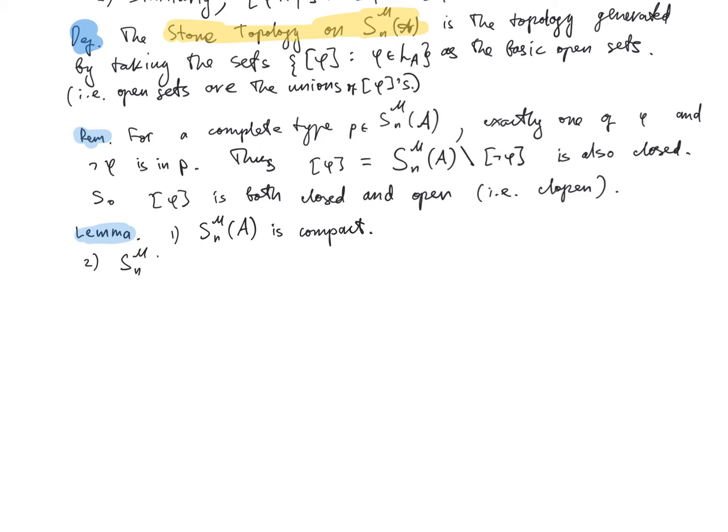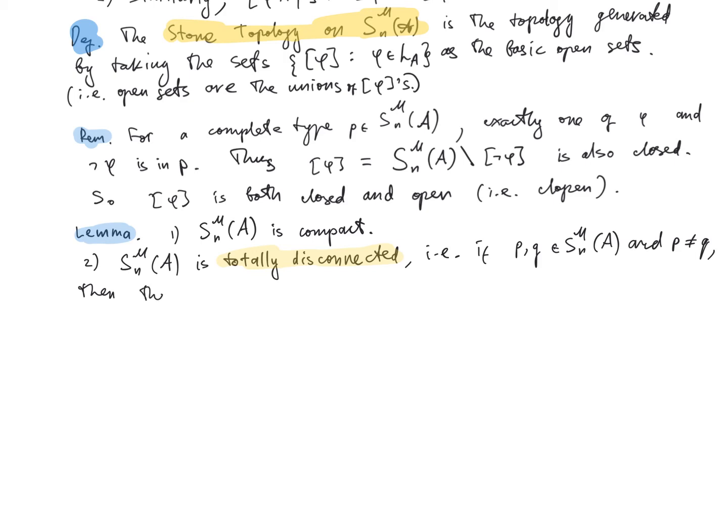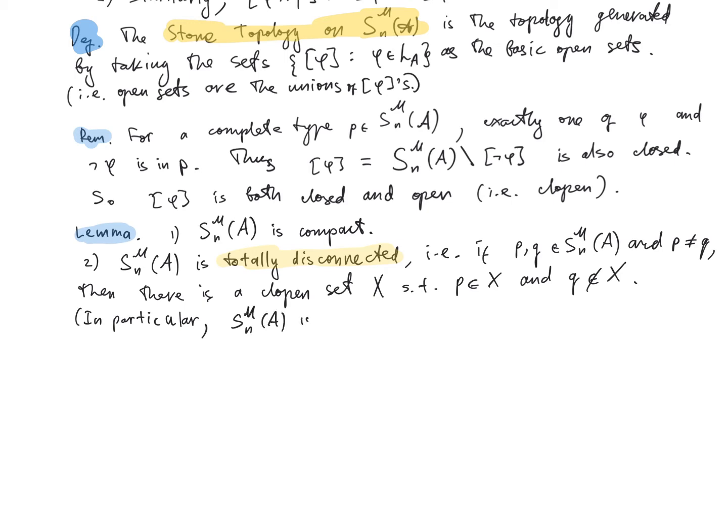The space S_n(A) is totally disconnected, which means that if we have two types, p and q, two points in this space which are distinct, so p is not equal to q, then there is a clopen set X such that p is in X and q is not in X. This of course implies that in particular the space of types over A is Hausdorff.